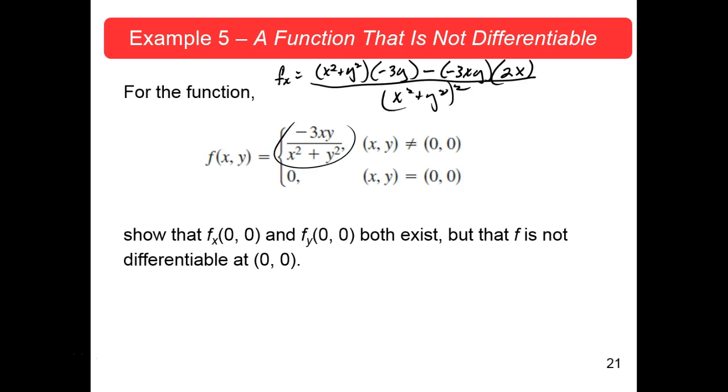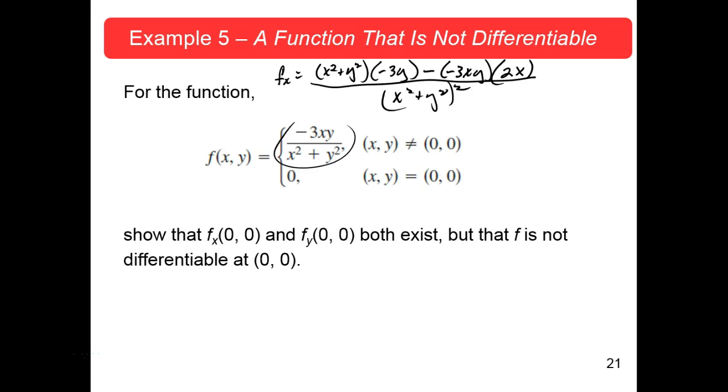If you take this function and let it approach 0, 0, first let x equal 0 but y not, that would be going to 0. And as y approaches 0 but x not 0, that's going to 0, okay?